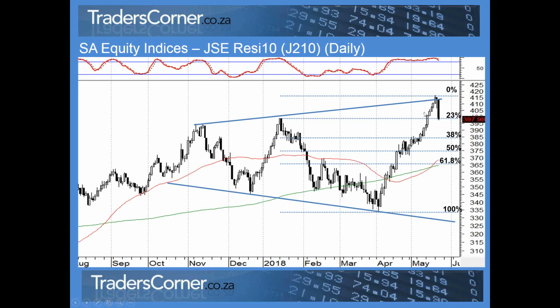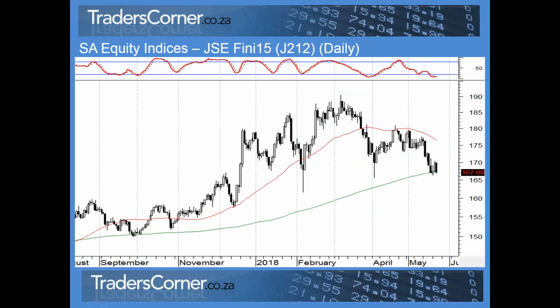It is a volatile index by its nature, and as much as it's had a very, very strong run recently, you can't rule out the potential for a fairly deep pullback either. So we'll monitor this very carefully, but for now, I kind of get the feeling that this run in the resources shares is over, and we're going to see some consolidation and some pulling back in the weeks to come from here, I reckon.